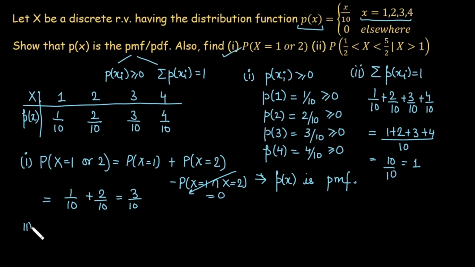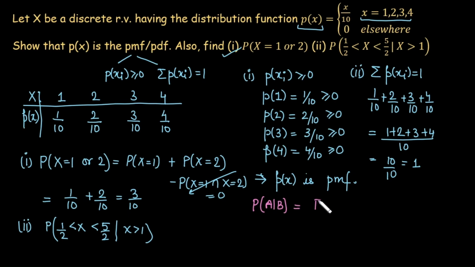Taking the second case, in this case we need to calculate probability when x lies between 1 by 2 to 5 by 2 such that x is greater than 1. So this is the conditional probability. How to calculate this probability?